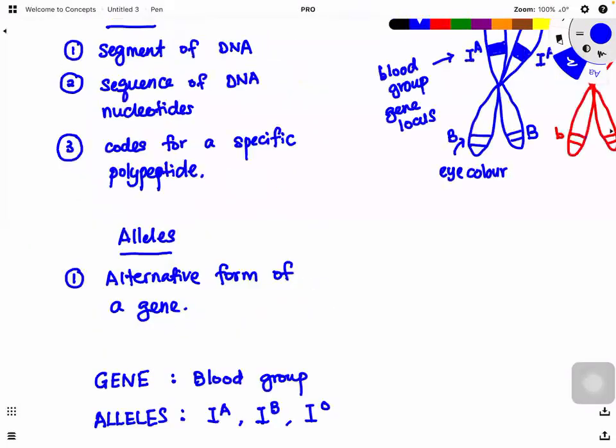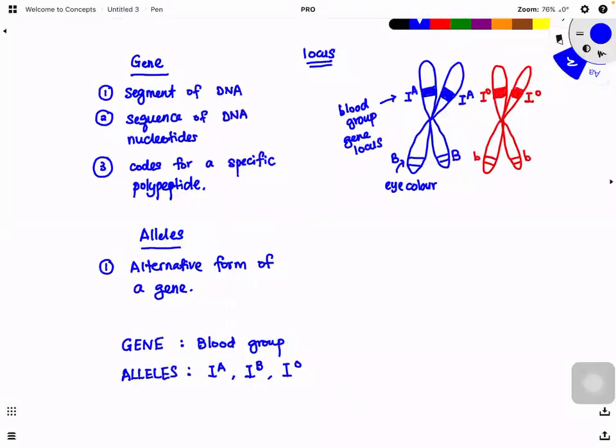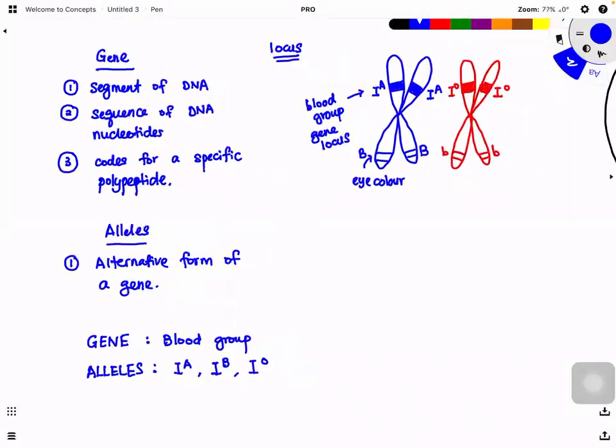If you need to take a photo, you can now. Okay, that is gene and also the locus. So all alleles that belong to the same gene will be located on the same gene locus. Are you clear?